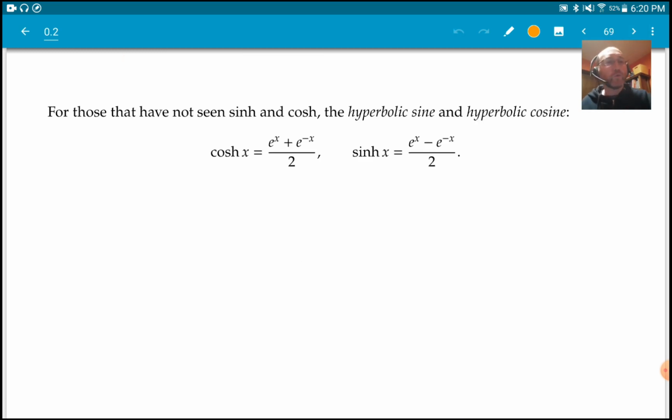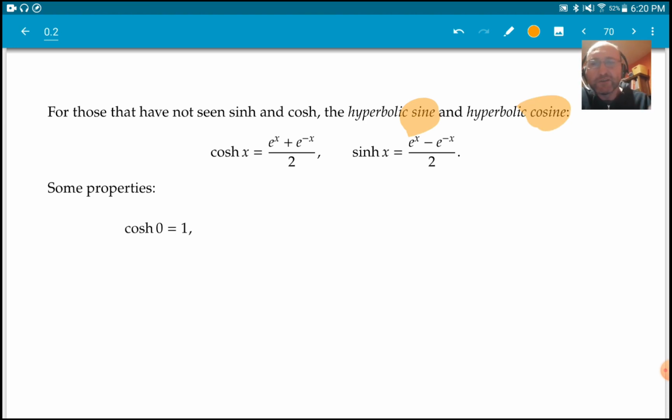All right, so what are hyperbolic sine and hyperbolic cosine? Some of you might not have seen them. By definition, these are the formulas. They have some properties where they act a bit like cosine and sine, and that's why they're called hyperbolic sine and hyperbolic cosine.